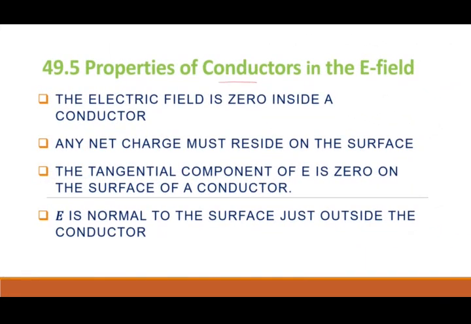Now let us note some properties of conductors when conductors are placed inside an electric field. Conductors have free charges to flow within the material. Free charges are there in the material which can flow in the presence of electric field.